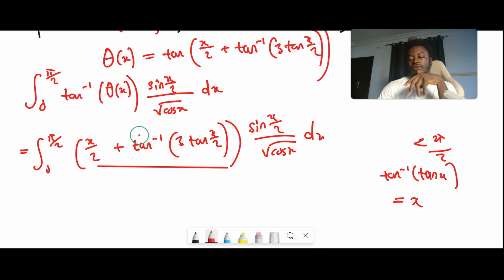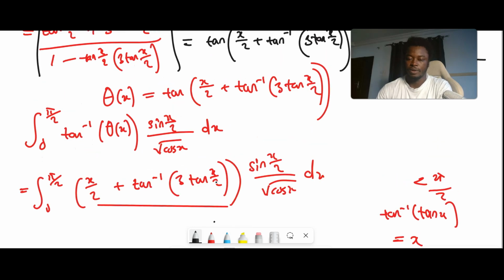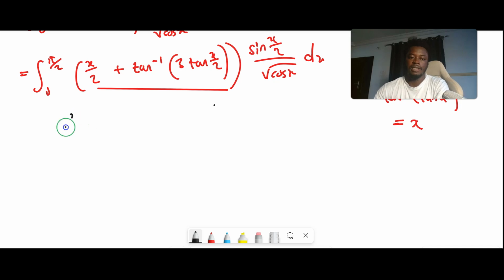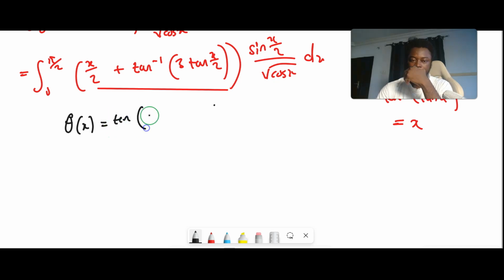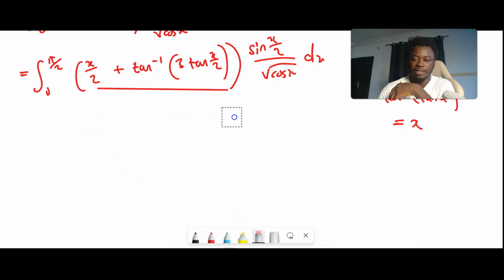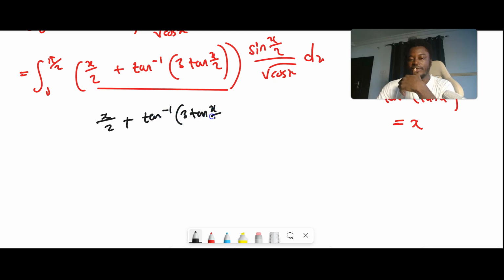Okay, now we need to check if this entire argument is less than pi over 2. First of all, let's check the boundary terms. Let's start with the inner expression, x over 2 plus tan inverse of 3 tan of x over 2.